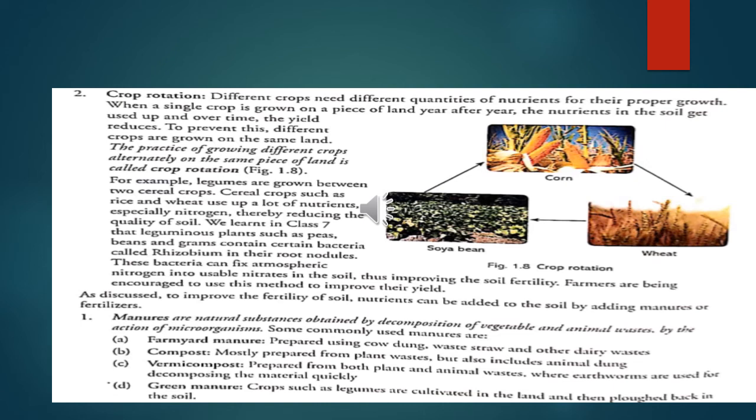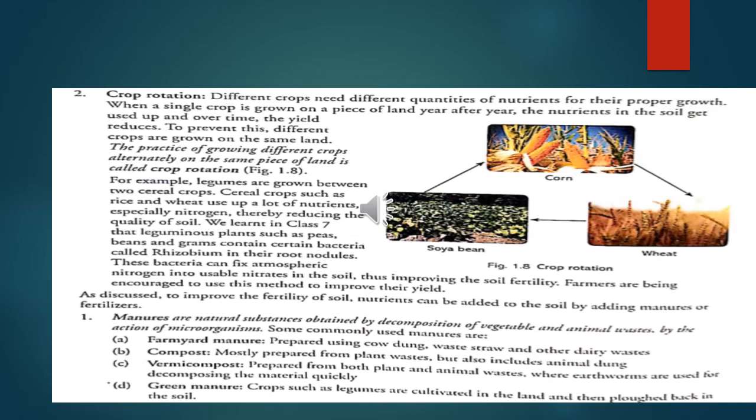Another manure is vermicompost. It is prepared from both plant and animal waste, where earthworms are used for decomposing the material quickly. And number D, green manure.